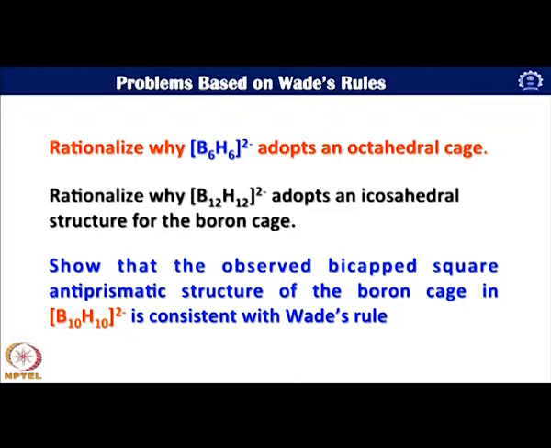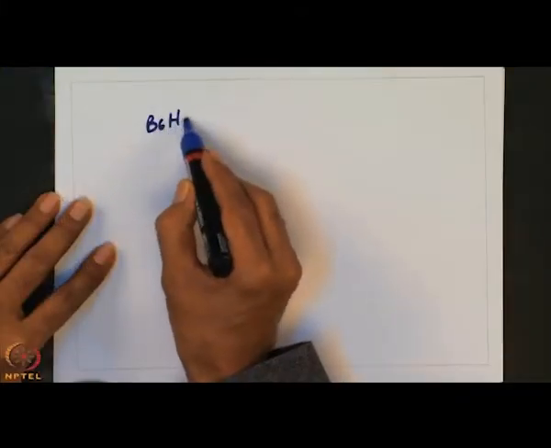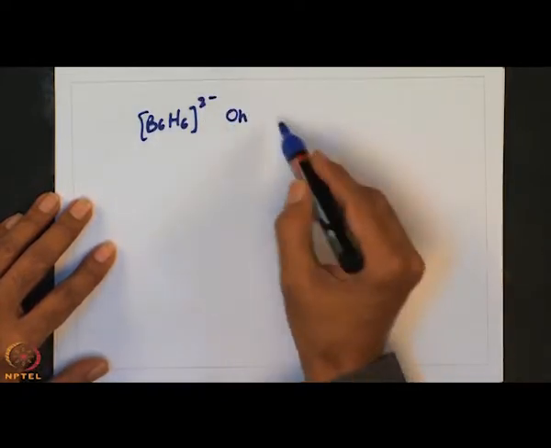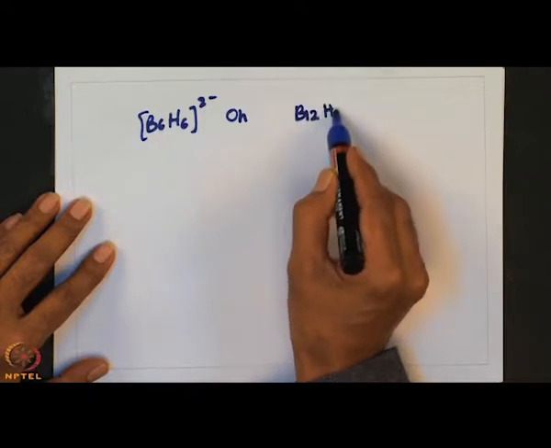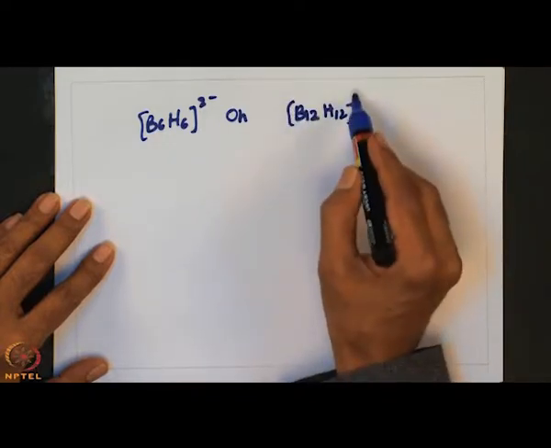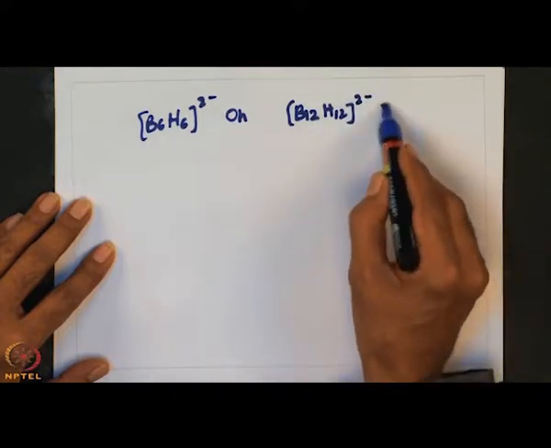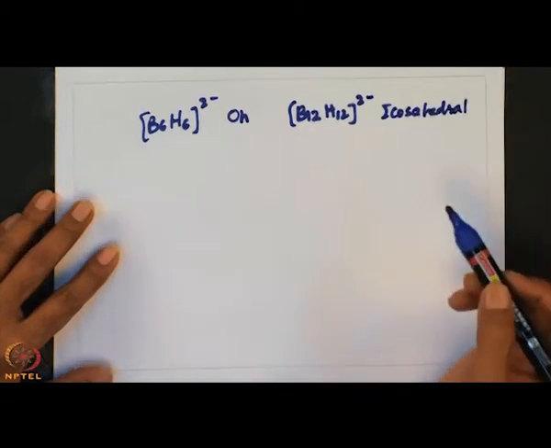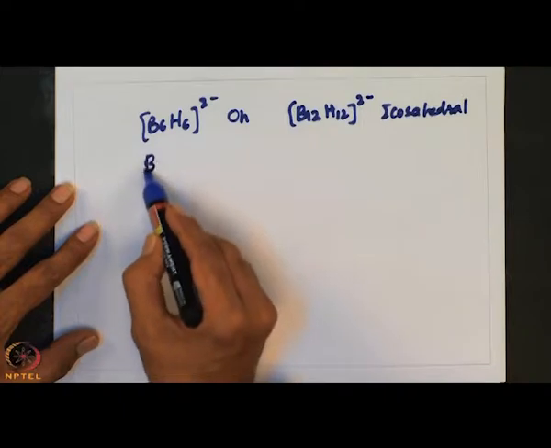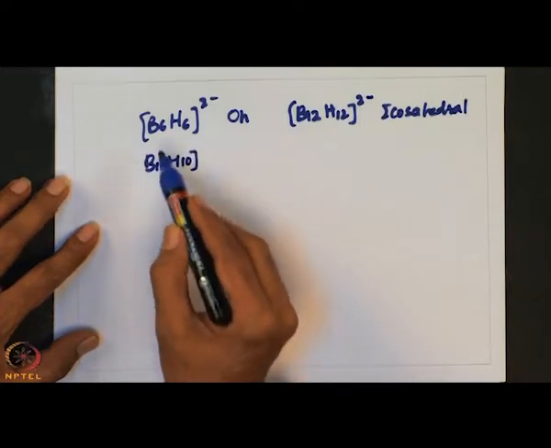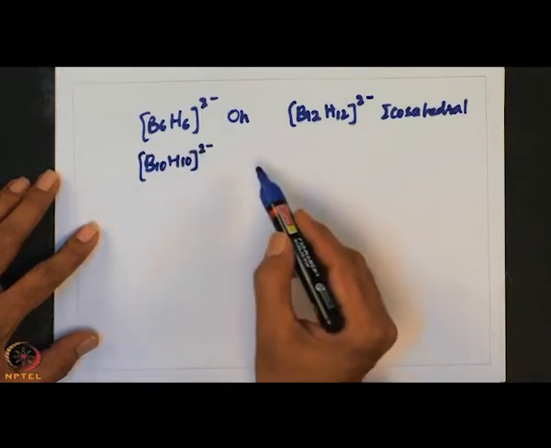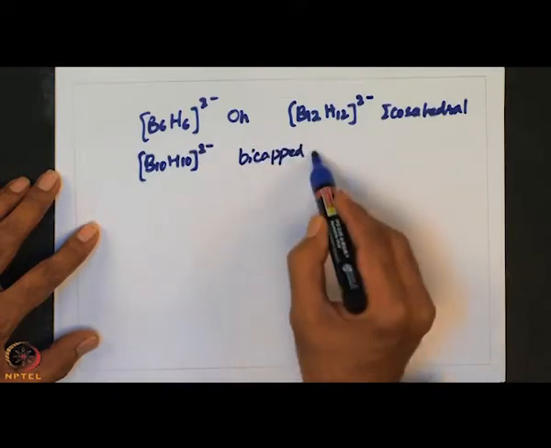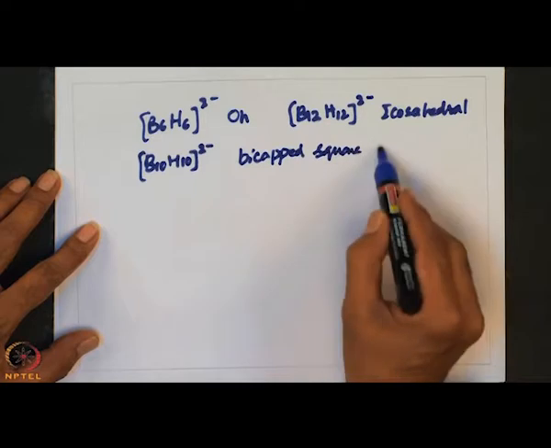Here we should prove that B6H6 2 minus has octahedral geometry, and similarly B12H12 2 minus has icosahedral structure, and another one is B10H10 2 minus that shows bicapped square antiprism.